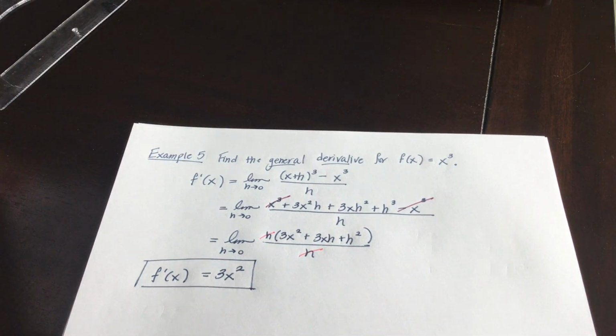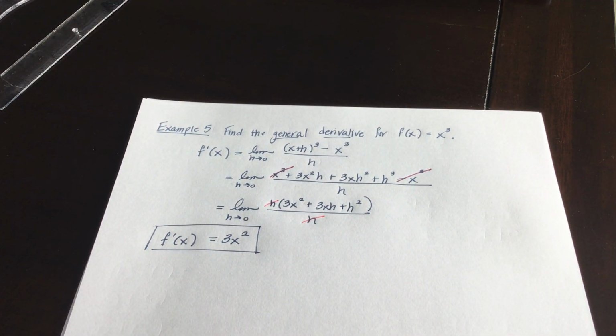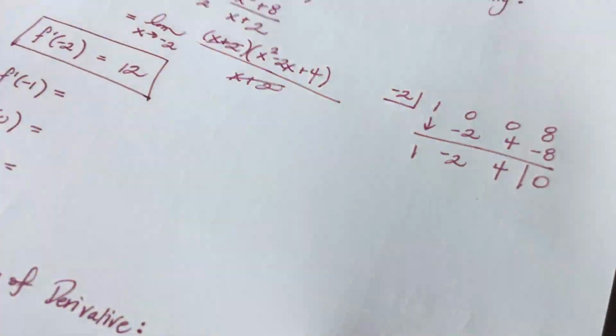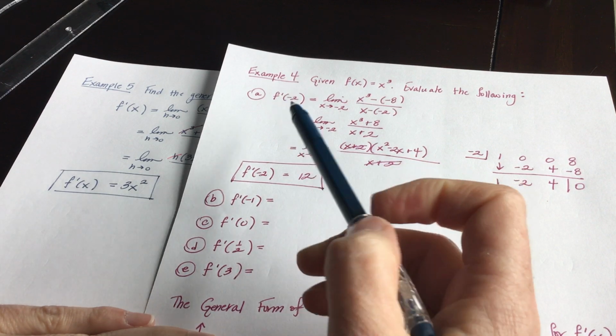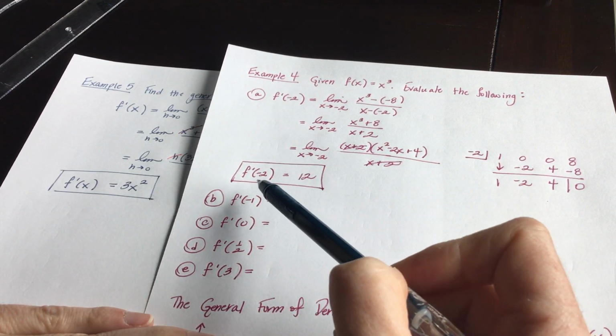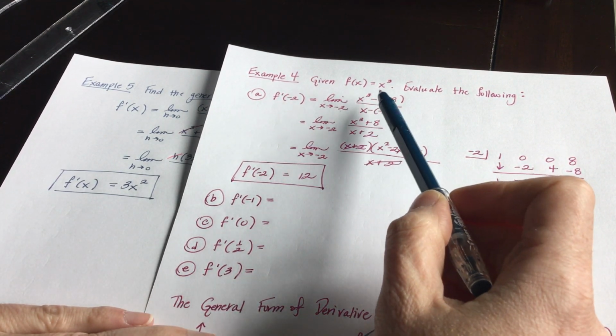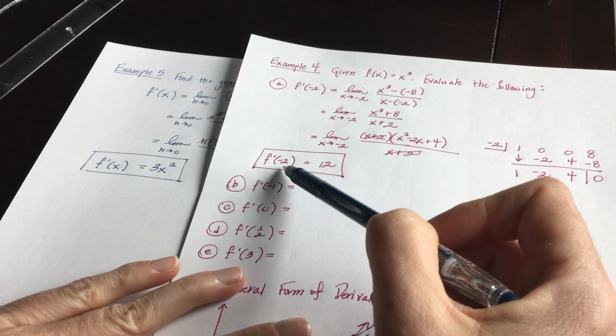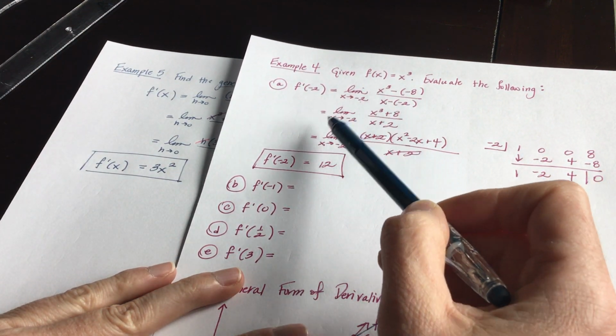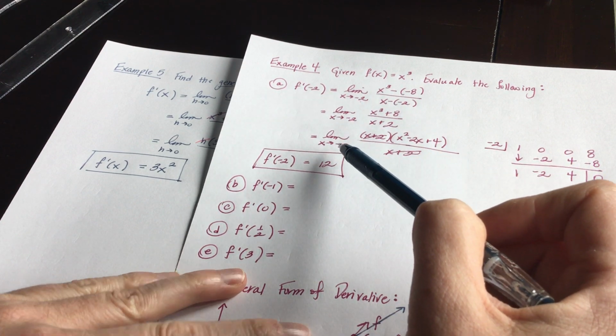All right, now let's talk about why this is so fantastic. Remember example 4? Let's talk about part A. See how we got for f prime, this f of x was x cubed, just like it was with example 5. And we got f prime of negative 2 to be 12 by using the definition of derivative at a point.